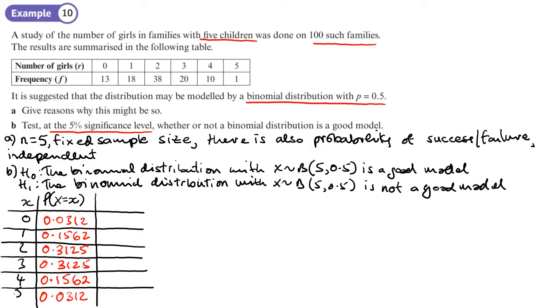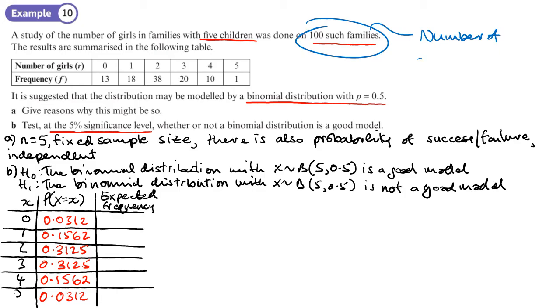So now I'm going to work out my expected frequencies, and I do that by taking my expected probability and timesing it by the number of observations, and it's 100, it says up here, so that's the number of observations, because 100 different families.